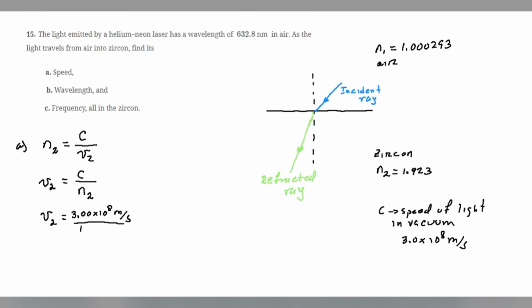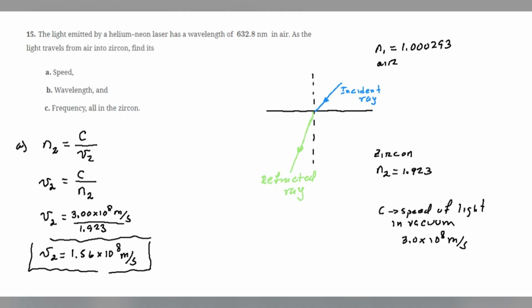And then we get the speed of light in zircon is 1.56 times 10 to the 8 meters per second. So this is now the value of the speed of light in the zircon.